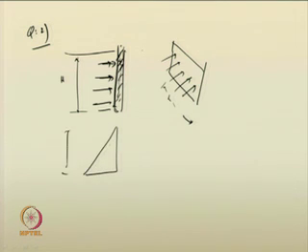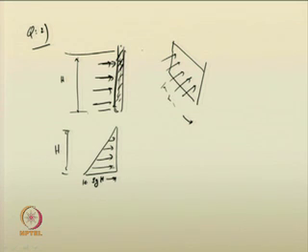This is the height h, and pressure force is obtained by the pressure force multiplied by the area of this triangle. This is half rho g h, right, or what we can suggest is that this magnitude is rho g h.